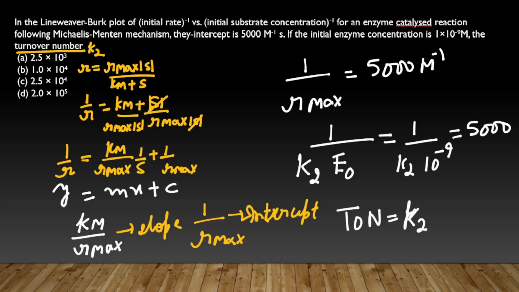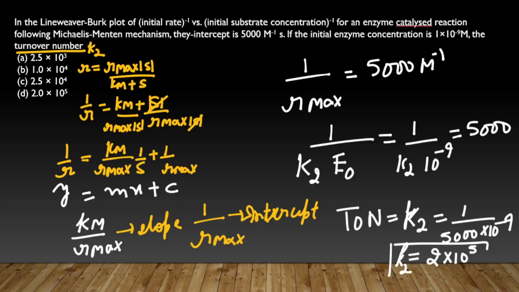So this K2 value you just have to find out. This will be 1 by 5000 into 10 raised to the power of minus 9. Solving this, the value we will be getting is 2 into 10 raised to the power of 5, which is your K2, that is your turnover number. So the correct answer becomes option D in this case.